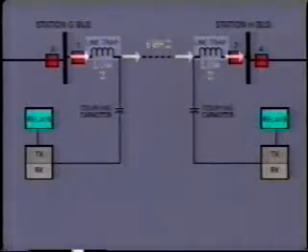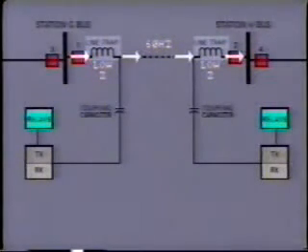At the same time, the inductor must offer zero or very low impedance to the flow of 60 hertz power current, which may be, say, 800 amps at 230 kilovolts. The value of inductor chosen is usually quite small, about 2 millihenries.